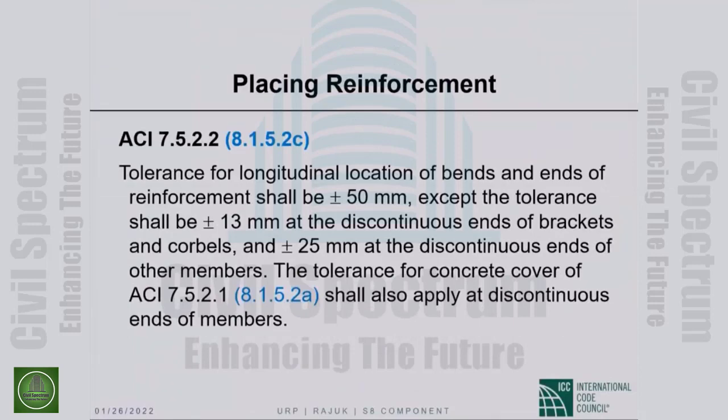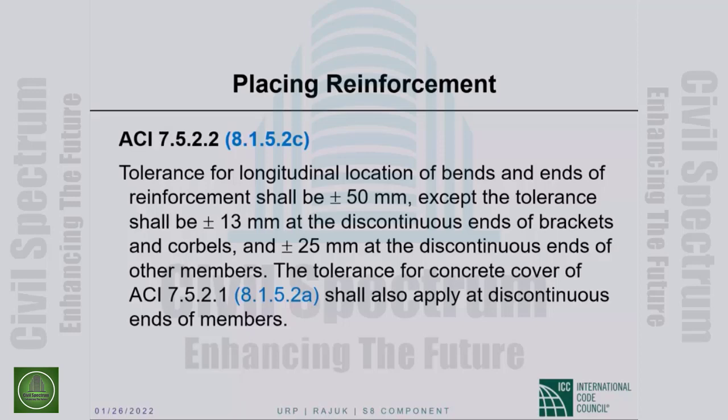So, tolerances for longitudinal location of bends and ends of reinforcement. Tolerance for longitudinal location of bends and ends of reinforcement shall be plus minus 2 inches, plus minus 50 millimeters, except the tolerance shall be plus minus 13 millimeters at the discontinuous ends of brackets and corbels, and plus minus 25 at the discontinuous ends of other members.